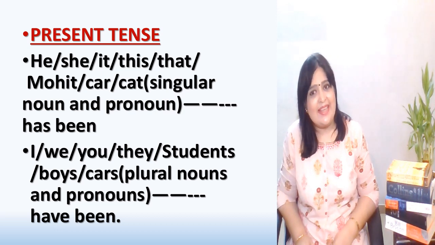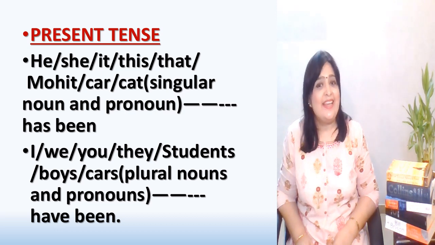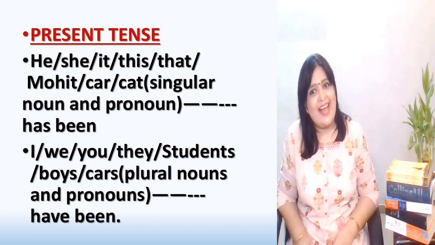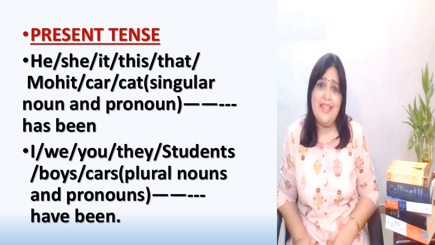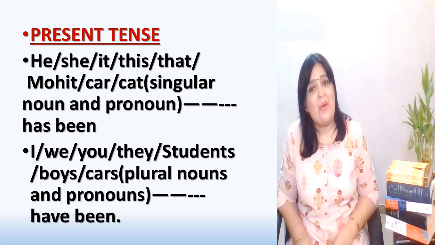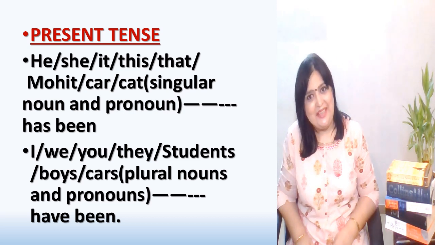In the present tense, if the subject of a sentence is he, she, it, this, that, Mohit, car, cat, or any singular noun or singular pronoun, we use has been.